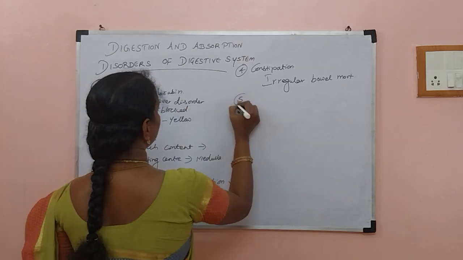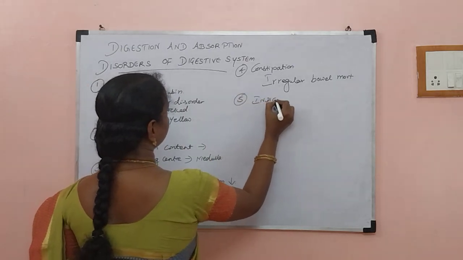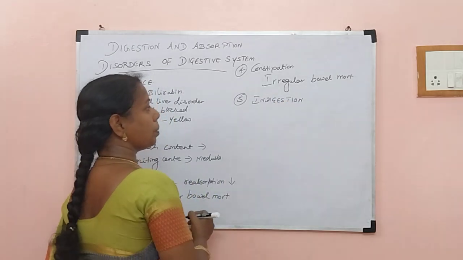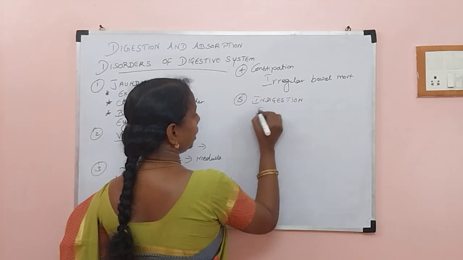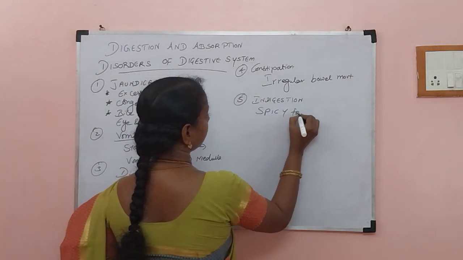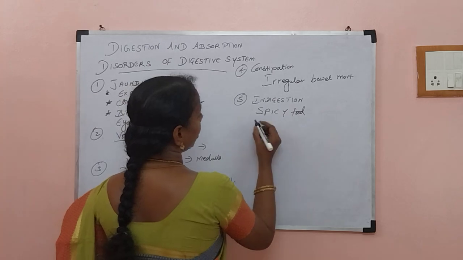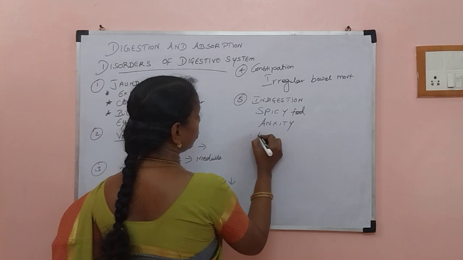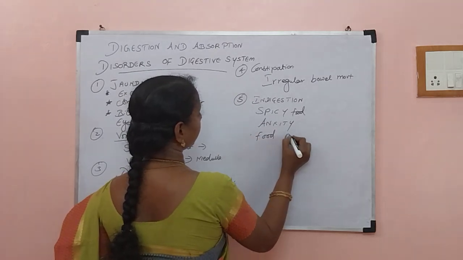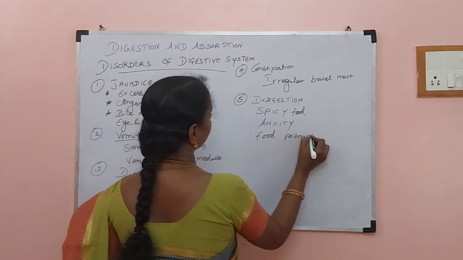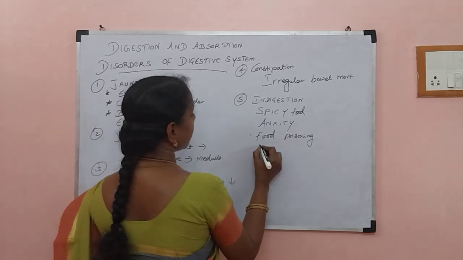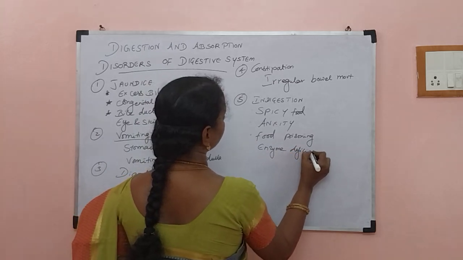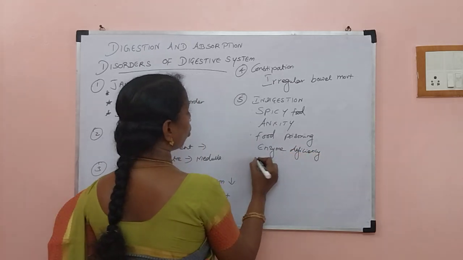And then the next one is indigestion. What happens in this case? Either eating spicy food, or it may be due to anxiety, or food poisoning, or enzyme deficiency, or overeating.